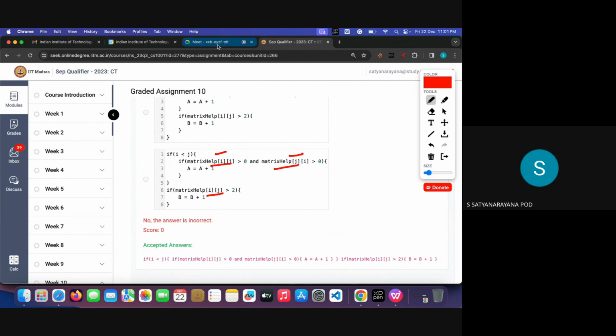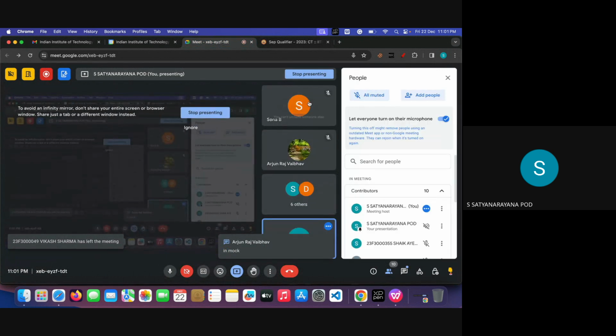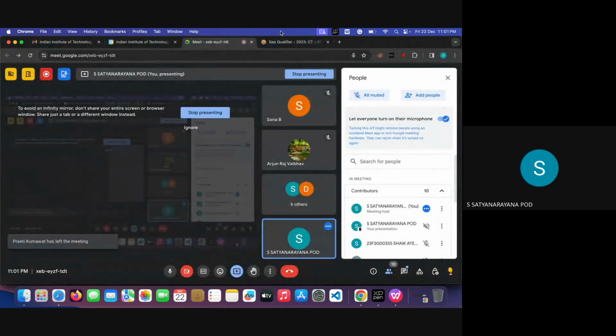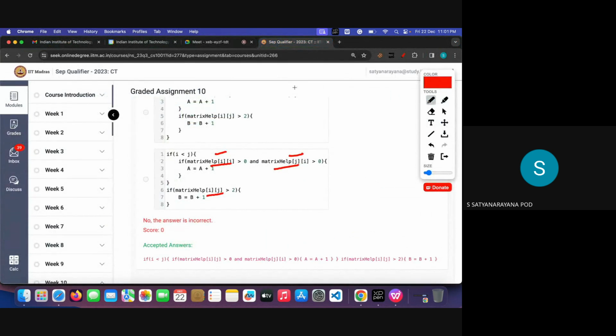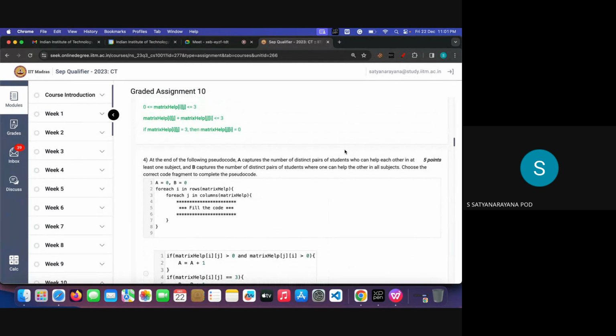See, what they are doing is, the question says B captures distinct pairs of students where one can help the others in all subjects. Here it is each other, that's the difference.